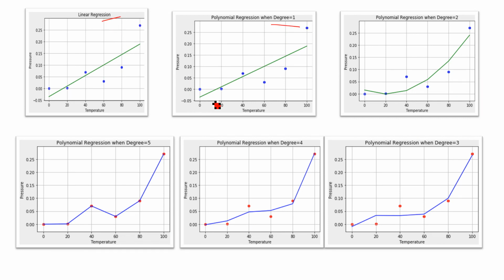Here the green line is our best fit line. When the best fit line passes through only some of the data points, the error is very high.